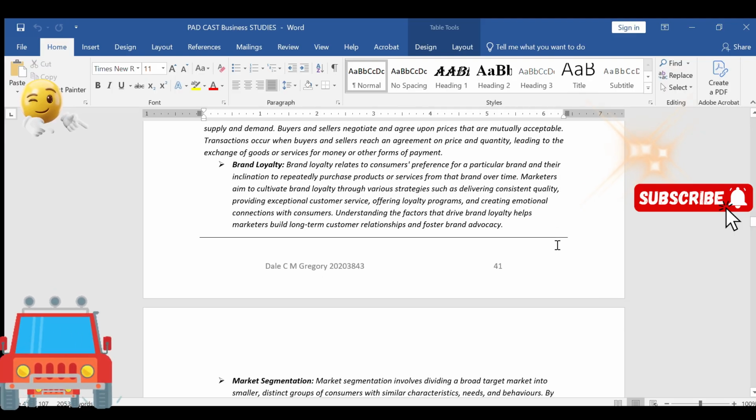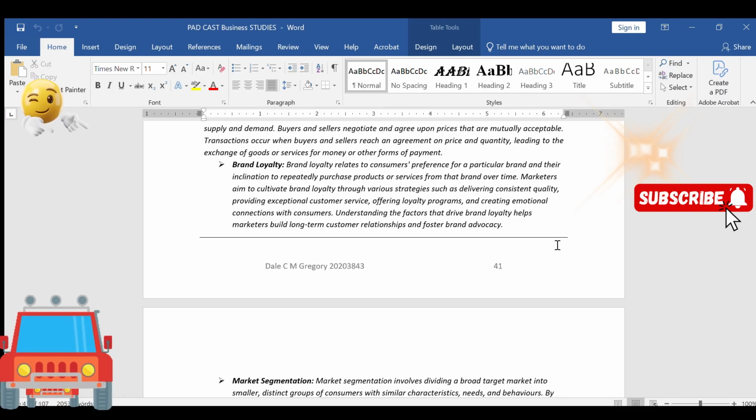Brand loyalty relates to consumer preference for a particular brand and their inclination to repeatedly purchase products or services from that brand over time.